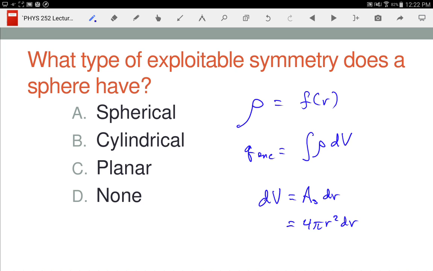Then it's going to ask you for the electric field, both inside the conductor as well as outside. Remember, Gauss's law didn't say anything about the charge outside. It only said that the electric flux through a surface is proportional to the charge inside.